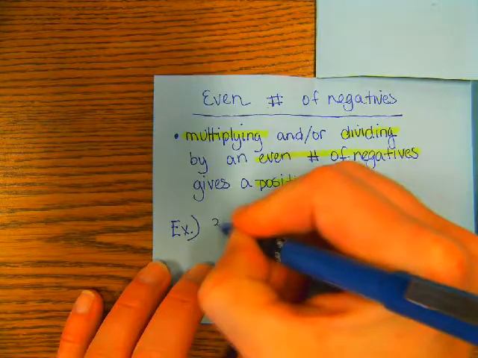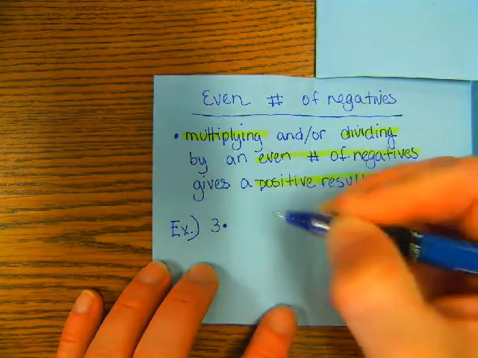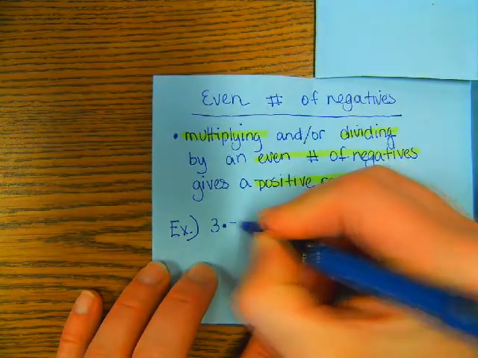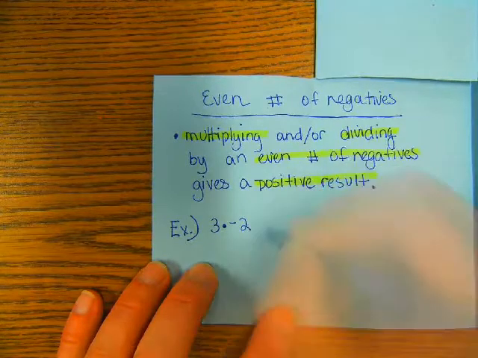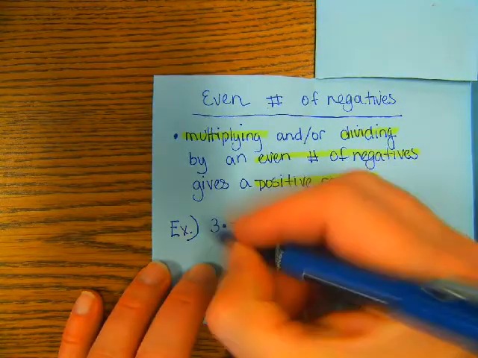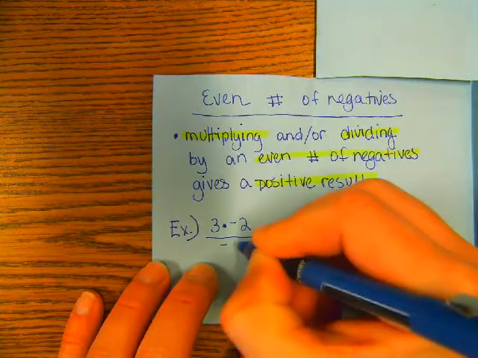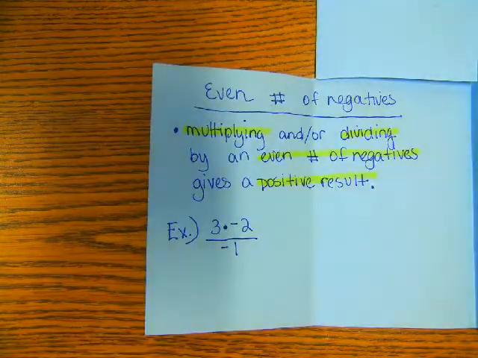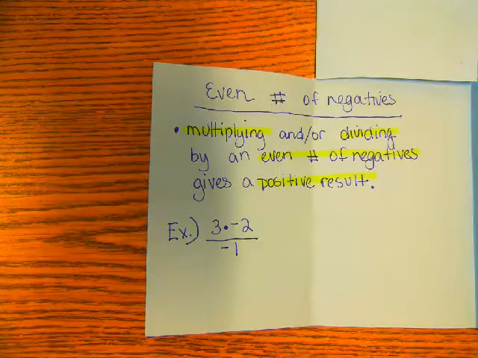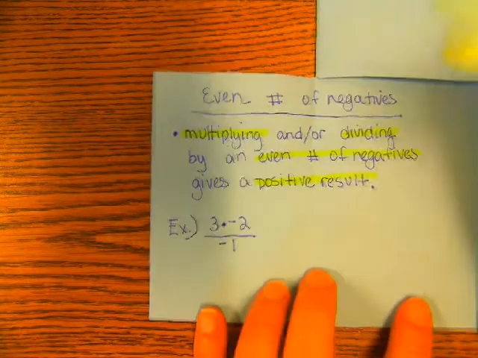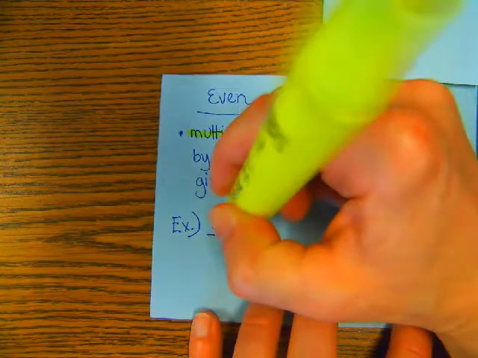We're going to do 3 times a negative 2, or you might see parentheses sometimes, divided by a negative 1. Okay, so let's highlight the numbers that are negative. Negative 2 and negative 1.